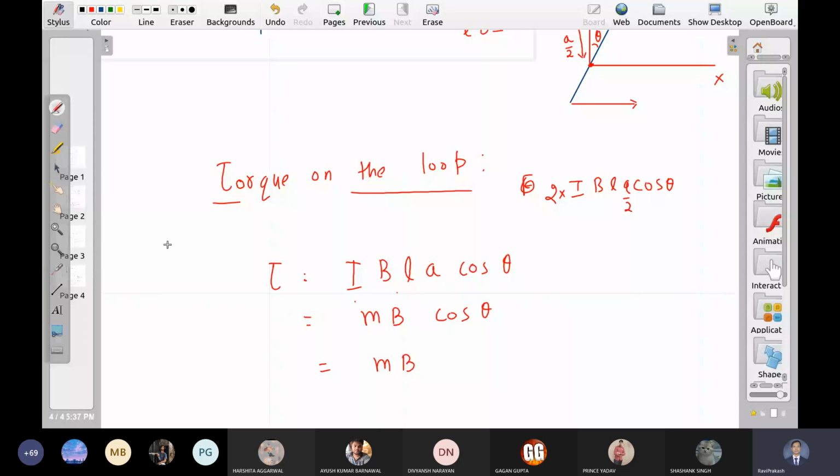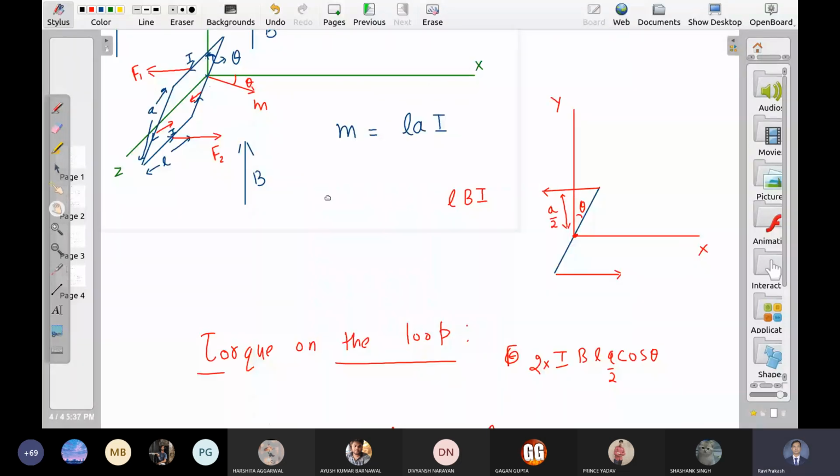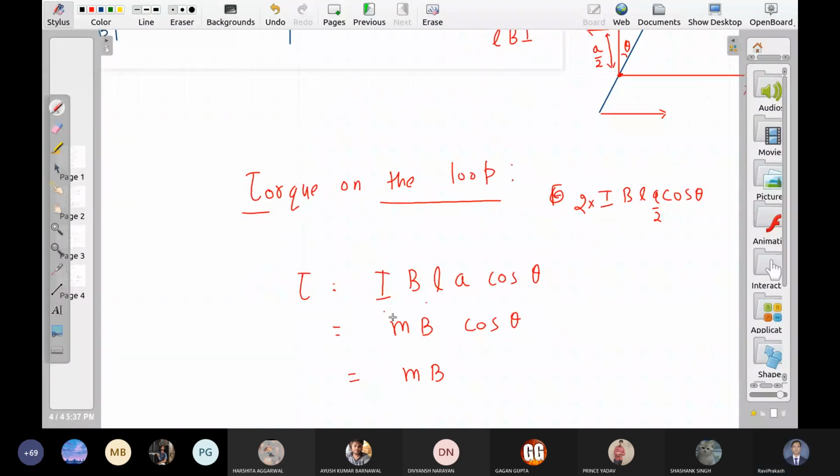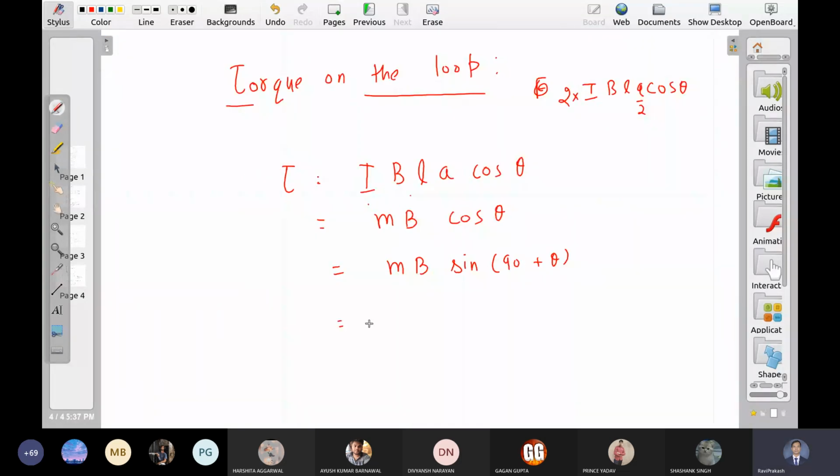What is the angle between M and B? This is B, this is M. So the angle between M and B is 90 plus theta, right? So I can say it is M B sine 90 plus theta, or it is equal to M B sine phi.